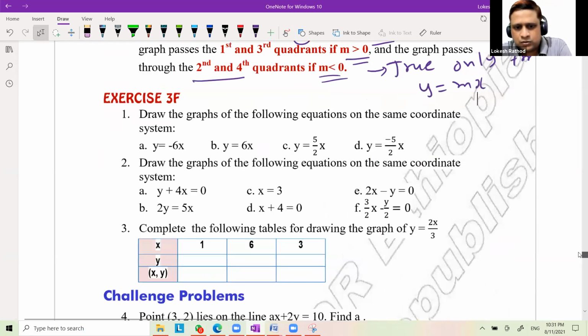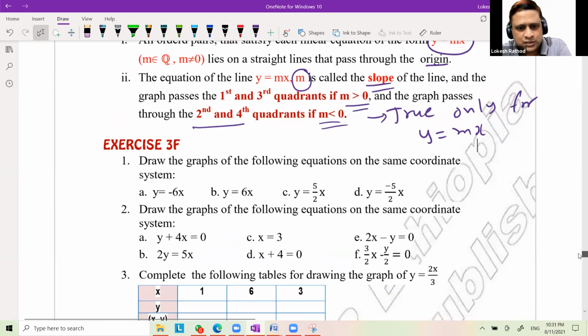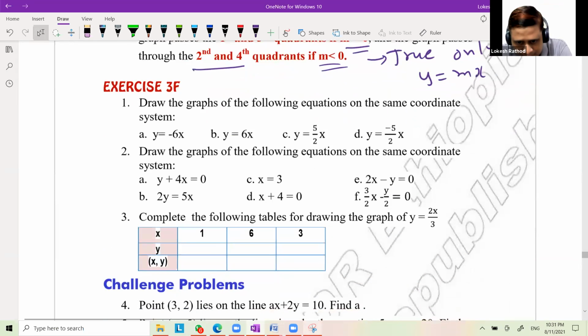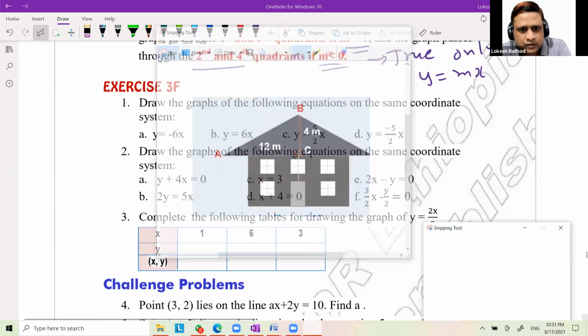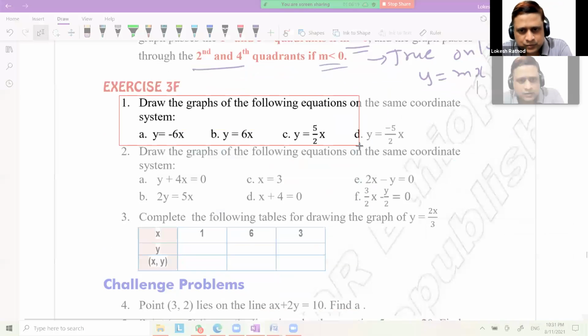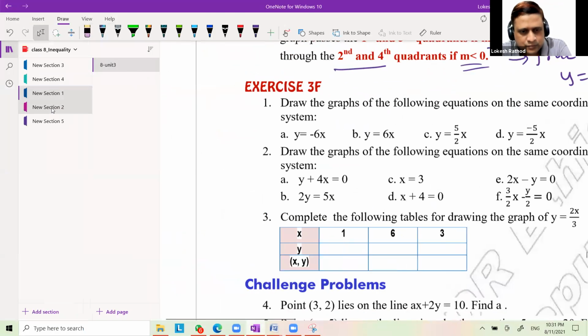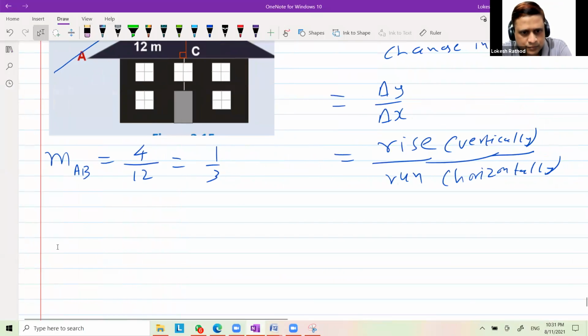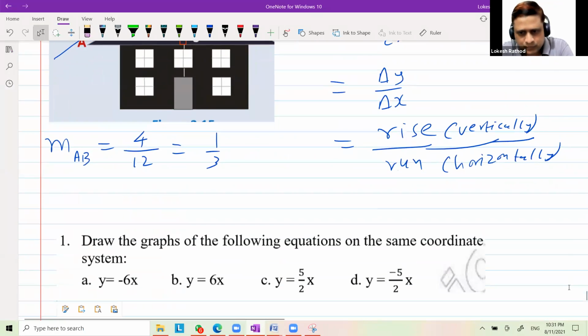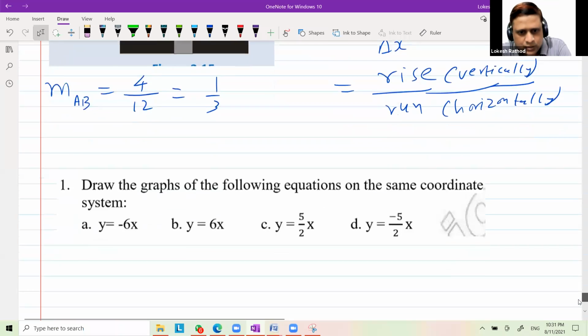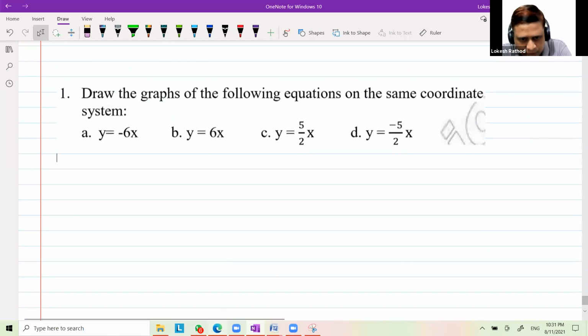So maybe we can do a few of the questions from this. I'll take one graph paper. Let's start.